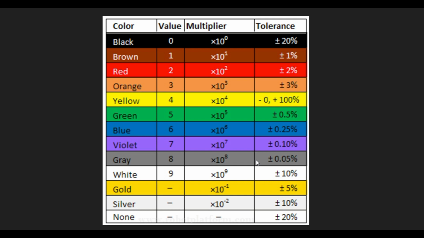So now let us look at a shortcut to memorize all this. We can see black, brown, red, orange, yellow, green, blue, violet, grey is in the order of 0 to 9. That is: BB Roy of Great Britain had a very good looking wife with gold and silver ornaments.